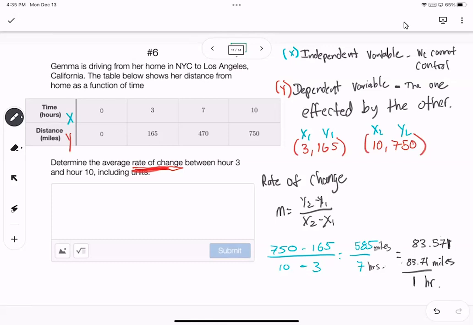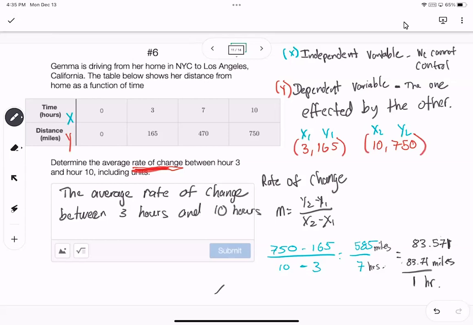So the average rate of change between 3 hours and 10 hours was 83.71 miles per hour.